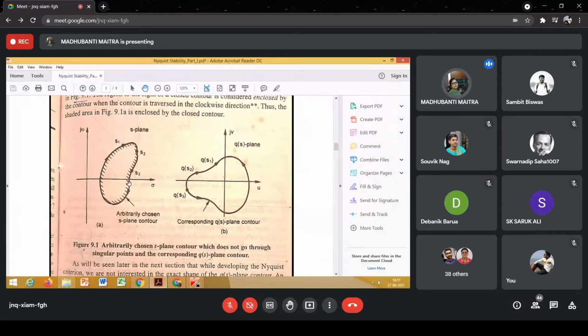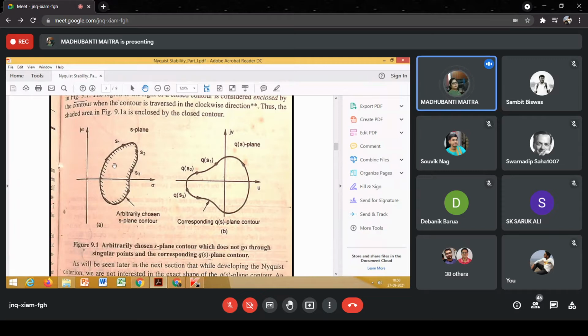Okay. So this is the convention that we control system engineers follow. Mathematicians follow a different convention. In some books, you might get that convention, but the ultimate result is the same. The convention is to traverse the contour in the counterclockwise direction, and in the process identify the region lying to the left of the contour.